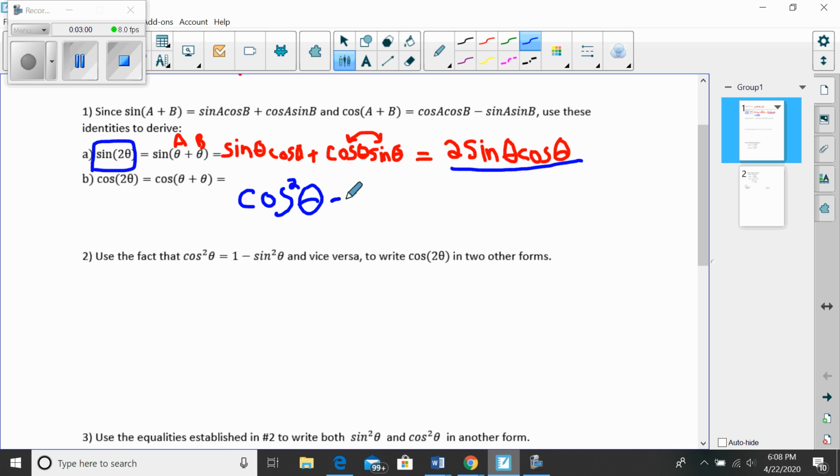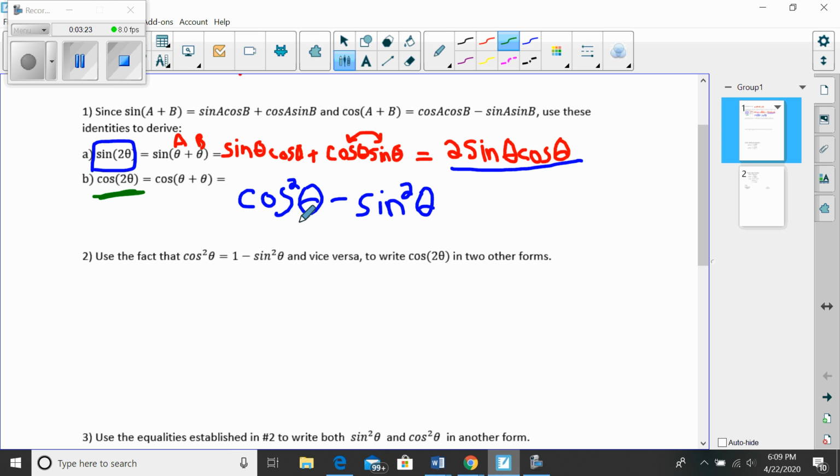You should have recognized that you had cosine theta times cosine theta, so cosine squared theta, minus sine squared theta. That means that anywhere later in the exercises, anywhere that you see a cosine 2 theta, right? Anytime you see this expression, you can replace it with its equal.